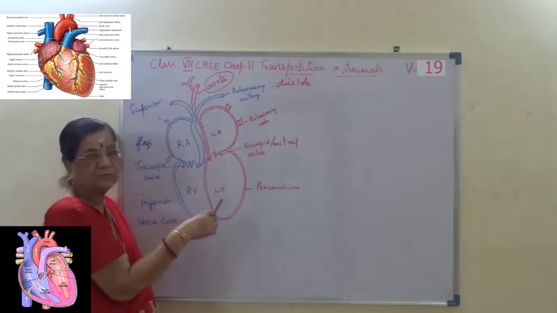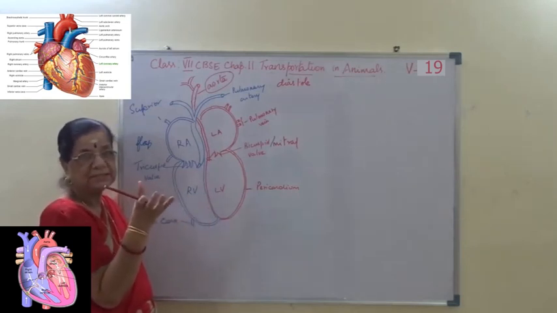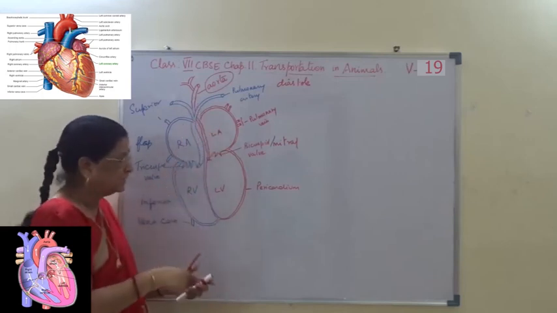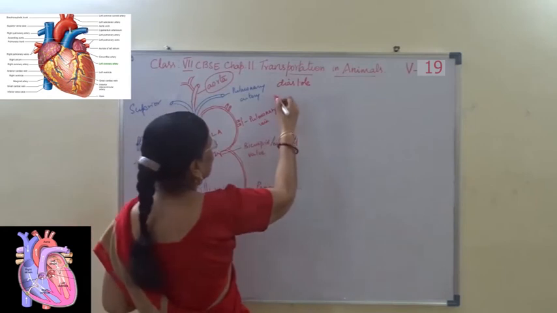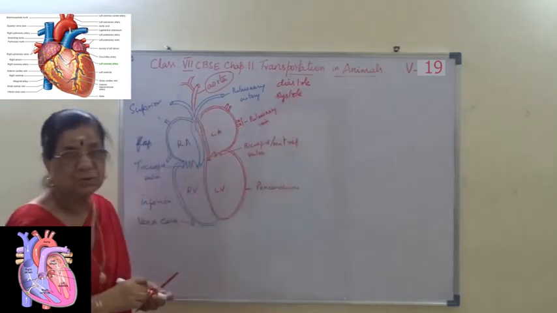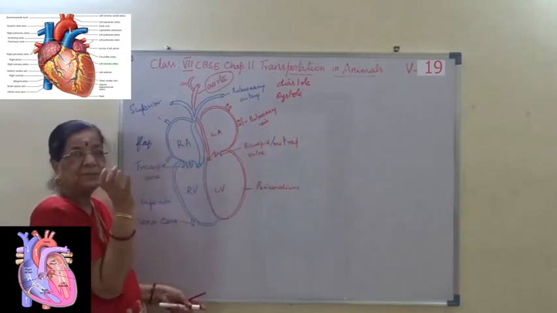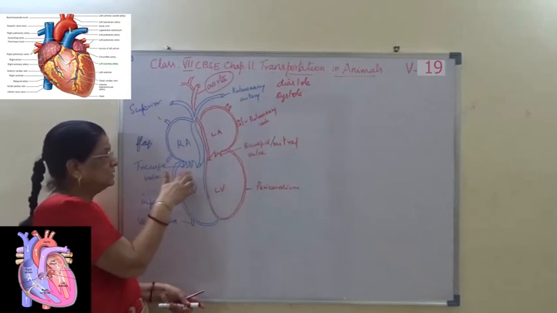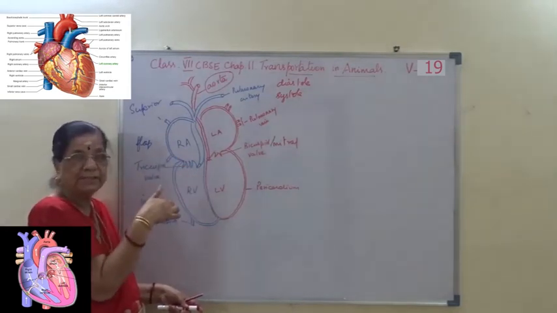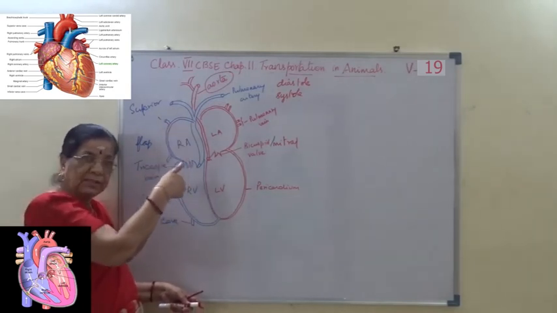So now the ventricles are in a relaxed condition, diastole. Now when they contract, it is systole. The main function of the valve is that it functions only in the onward direction, unidirectional, that is from the right atrium to the left atrium.